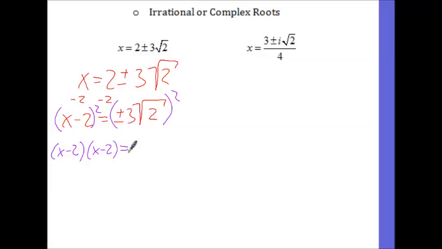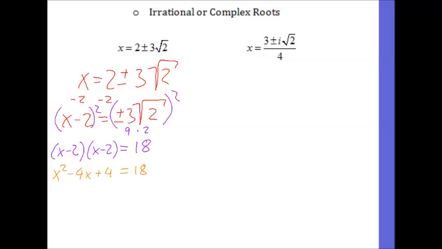So here we get 9, and the square root of 2 times itself, we get 2. 9 times 2 is 18. Now we FOIL the left side to get x squared minus 4x plus 4 is equal to 18.